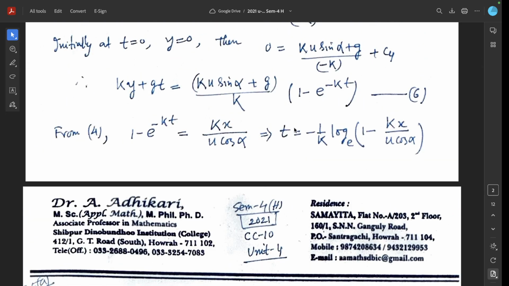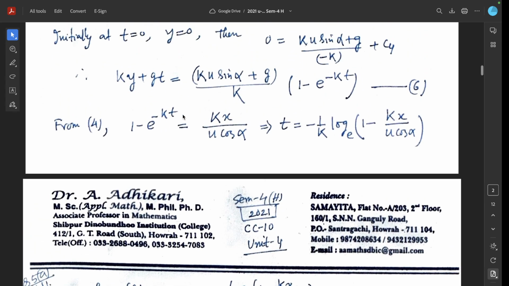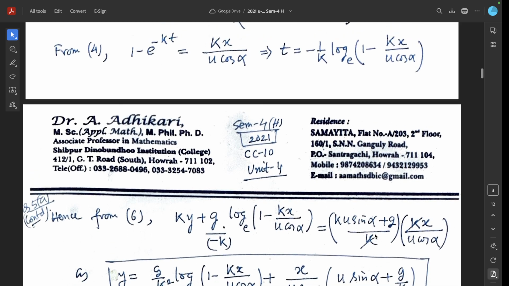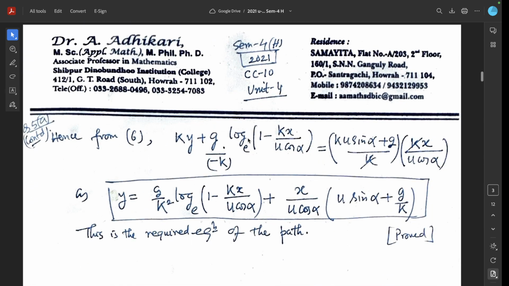And from 6, this equals k y plus g t. Put the value of t from this here, and k u sin alpha plus g by k, and this 1 minus e to the power minus kt equal to kx by u cos alpha. So put this, cancel, and after simplification we get y equal to this, and this is the required equation of the path. Proved.